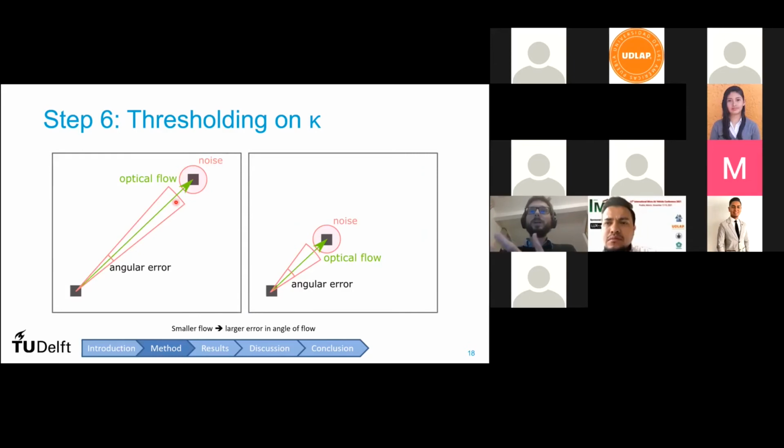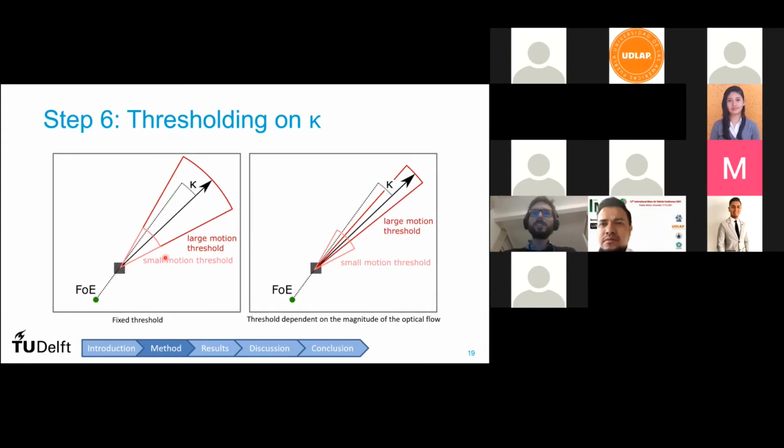Now, one more thing about thresholding on this kappa angle. This kappa angle should perhaps be different for large flow vectors than for small flow vectors. Because when you run an optical flow algorithm, it typically has a noise that is independent from the magnitude of your flow. And that means that the angle that is subtended by it is larger for smaller flow. And so you would like to allow for a larger kappa there. And here we see two different approaches. Like you could pick a fixed threshold independently of flow magnitude.